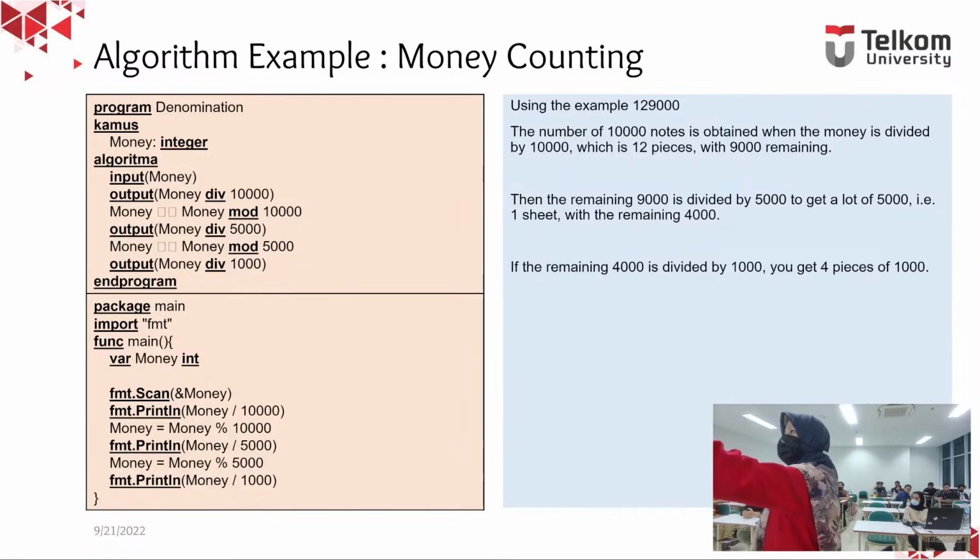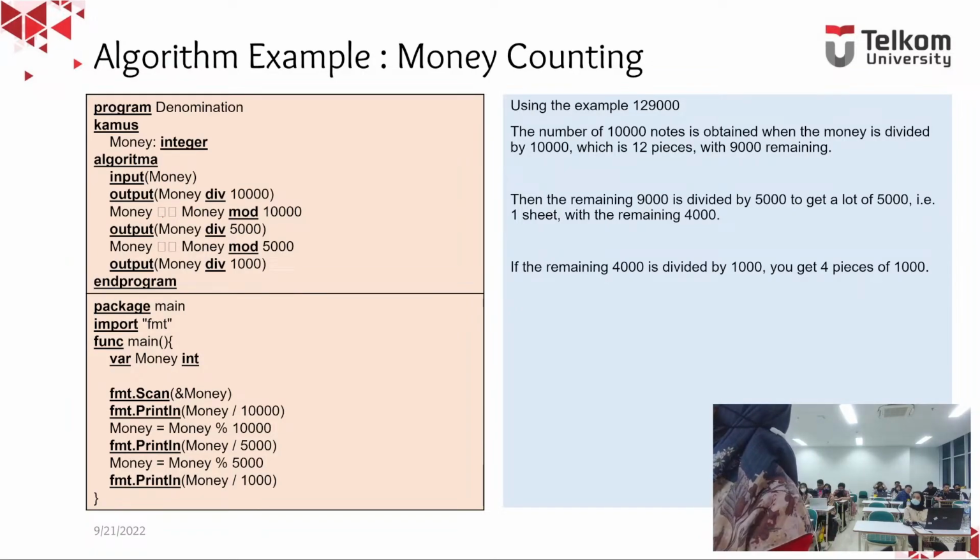And then this is the operation to get how many pieces of 10,000 rupiah: money div 10,000. In the previous example it will output 12. Next, this is to calculate the remaining. This is the symbol for assignment in algorithmic notation.